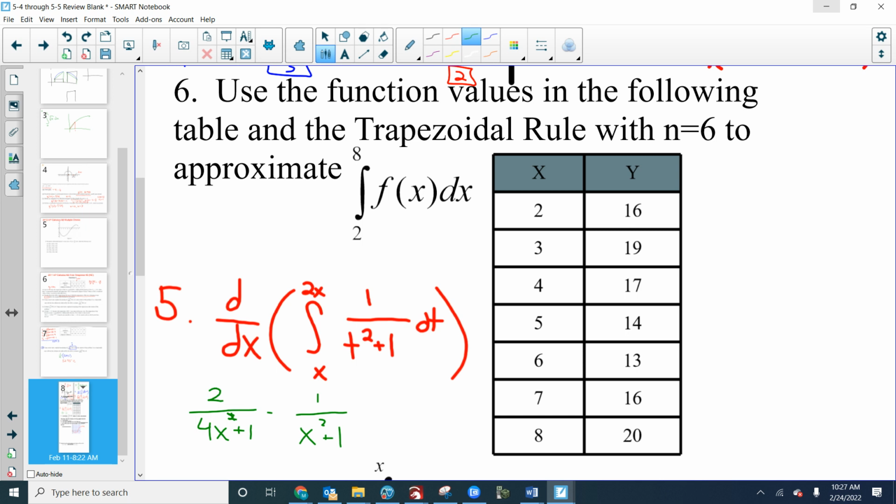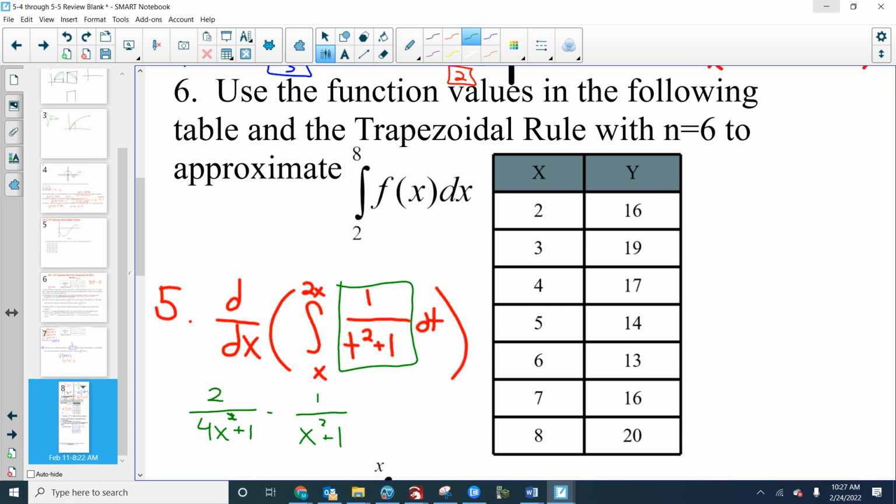The short answer or the long answer? It depends on how well you understand the fundamental theorem. Like, feel pretty good? Okay. If I were to do this, I would need to know capital F, I plug in 2x, capital F, plug in x, and subtract. But we're taking the derivative of that. So the derivative of big F of 2x is little f, plug in 2x, 2x quantity squared is 4x squared, and then multiply times 2 since it was a chain rule.